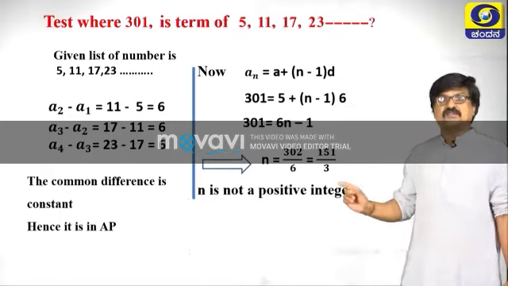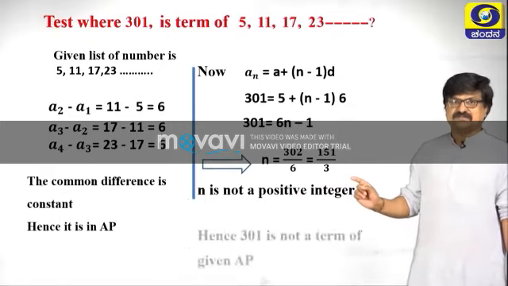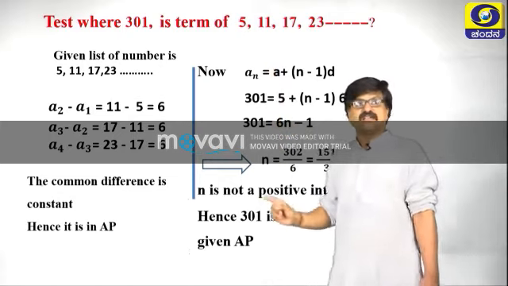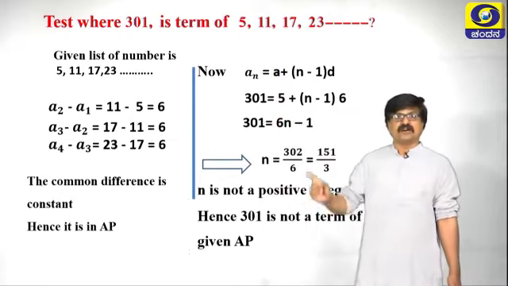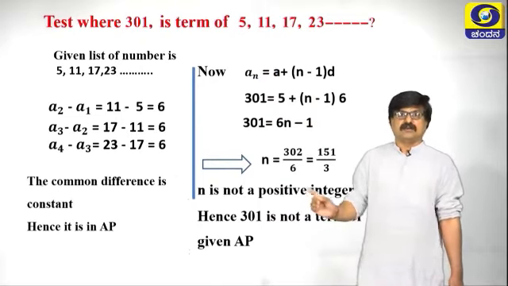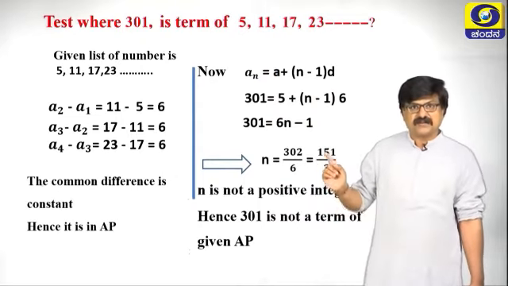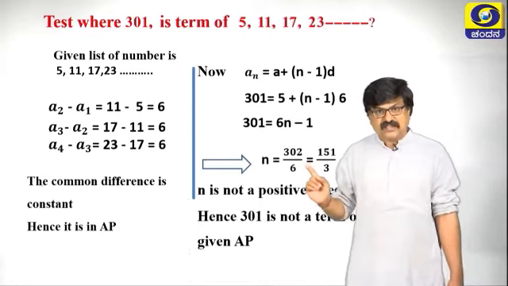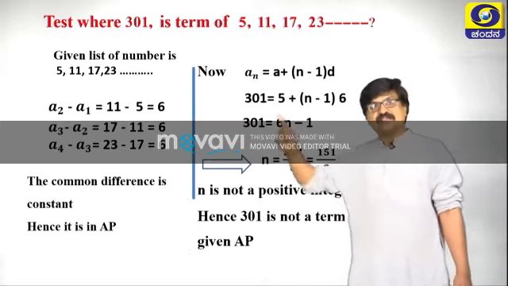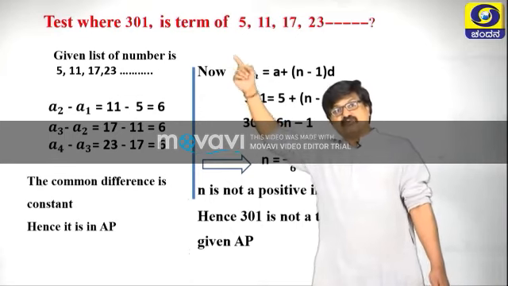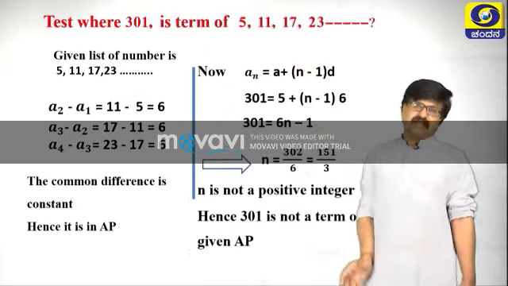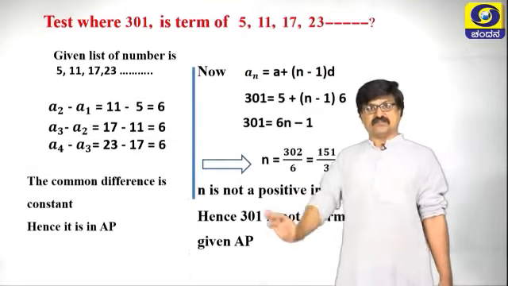Here it is not a positive integer. Hence, 301 is not a term of the given AP. I will repeat again, if n value is a positive integer, then only the term we are testing now is a term of the given AP. This is also a very important sum.